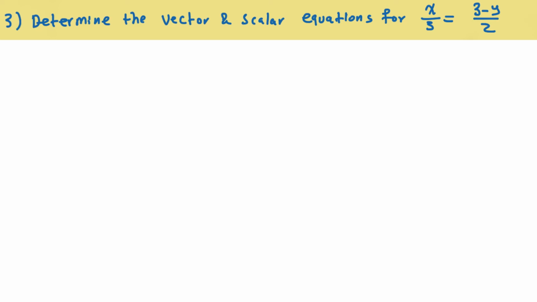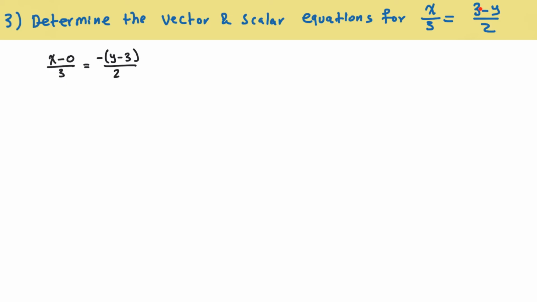Here, if I were to rewrite this, we would have it as x minus 0 over 3 is equal to, and for the next one, since we have 3 minus y over 2, we can change that and write it as negative (y minus 3) over 2.